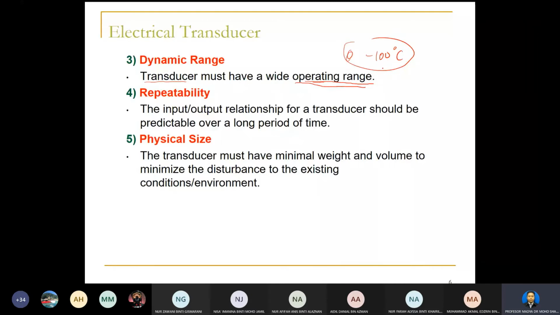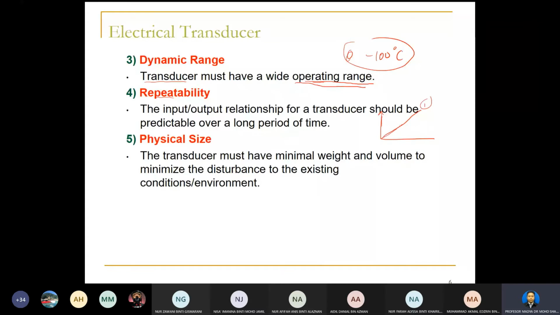And then next is the repeatability. Repeatability means the input-output relationship for the transducer should be predictable over a long period of time. For example, with a piezoelectric sensor, if you test 1,000 or 2,000 times, the input-output will be the same. The first test, the second test, almost similar until 100 or 1,000.